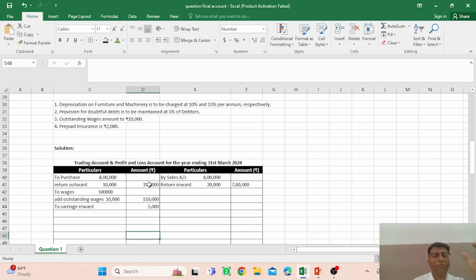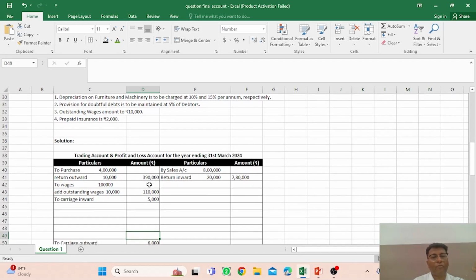So today we are focusing on preparing the final accounts with the balances extracted from the ledger, given to you in the form of a trial balance in your question. In the next session we would be covering the different adjustments, the additional information. Right now you have to focus on how to prepare the final accounts with the information given in the trial balance and the adjustments as given to you.